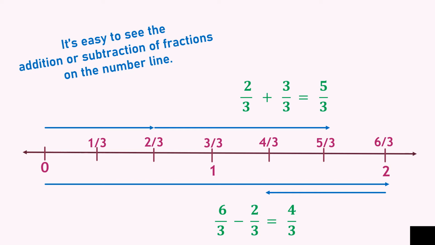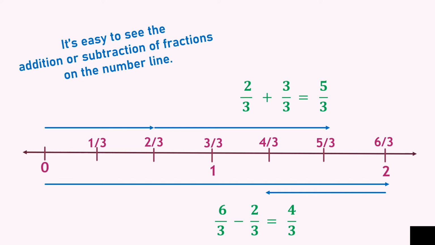It's also easy to see addition or subtraction of fractions on the number line. In this slide, we found a segment the length of 2/3 and added to it a segment the length of 3/3. This performed the addition of 2/3 plus 3/3 and arrived at the sum of 5/3.